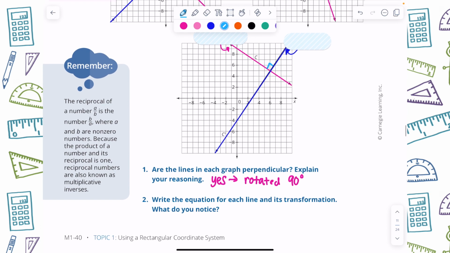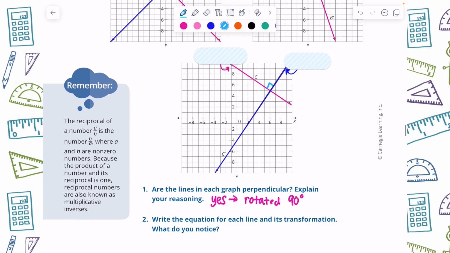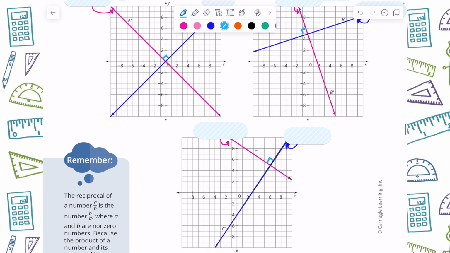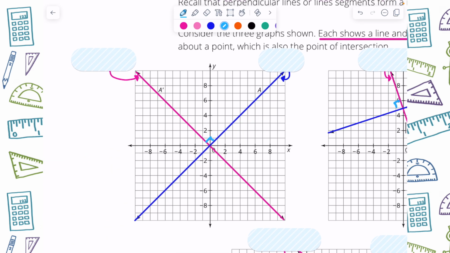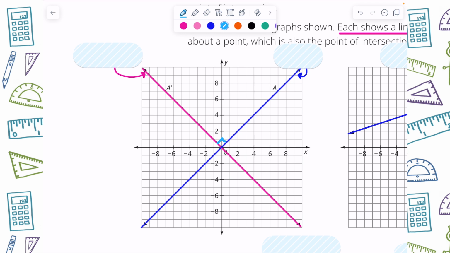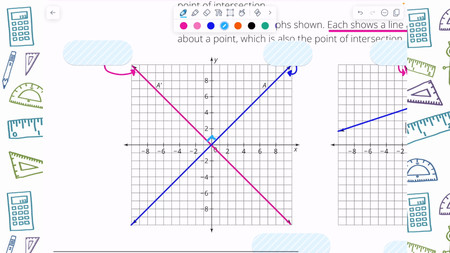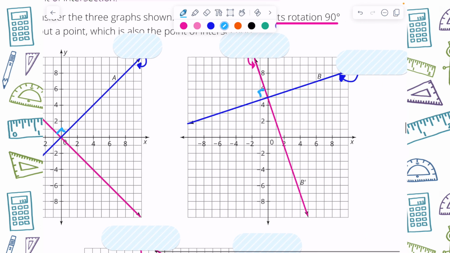In number 2, it wants us to write the equation for each line and its transformation. What do you notice? I want you to go back and look at these 3 graphs. If you look at this very first graph, I want you to look at the blue line and the pink line. Write the equation of both of those lines and see what you notice about those equations. Then do the same thing for the second graph.